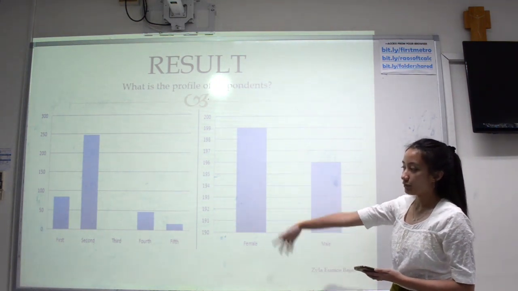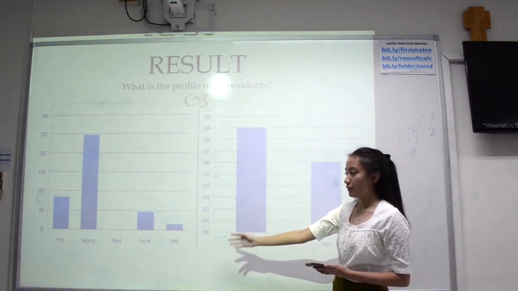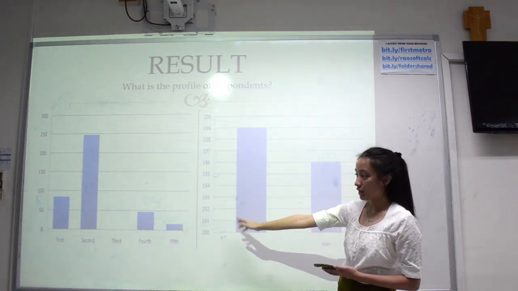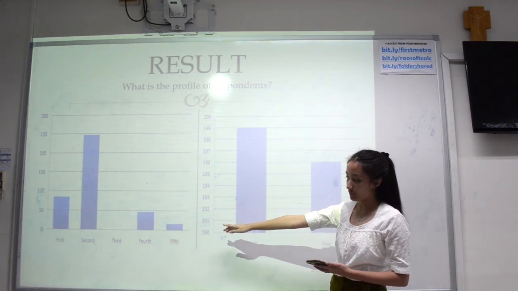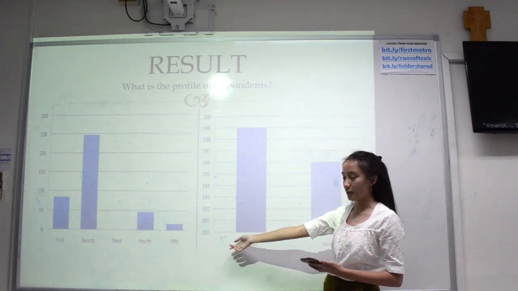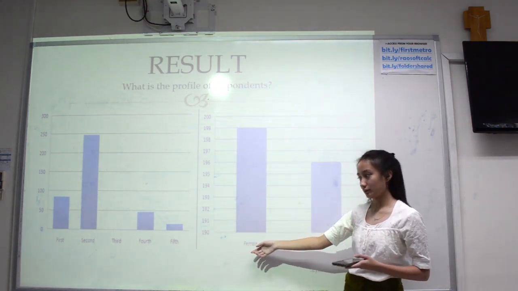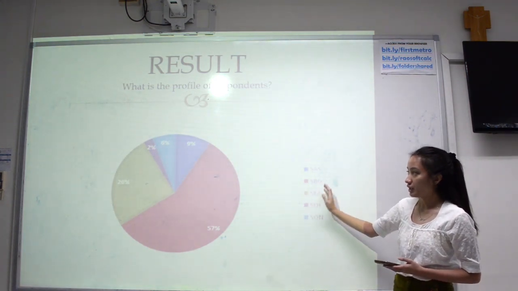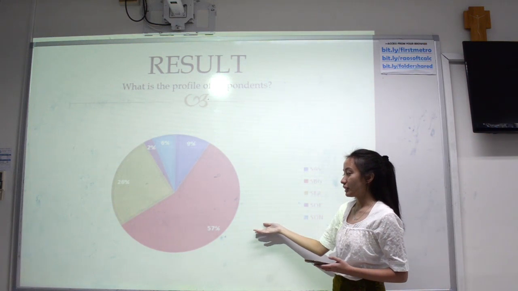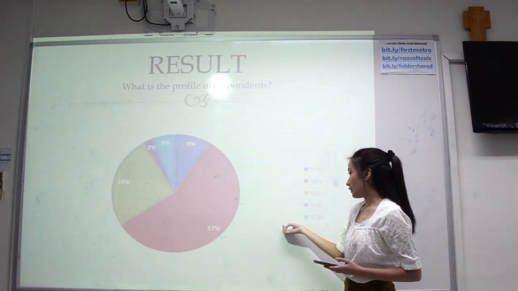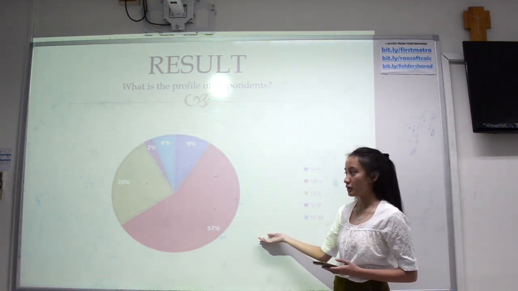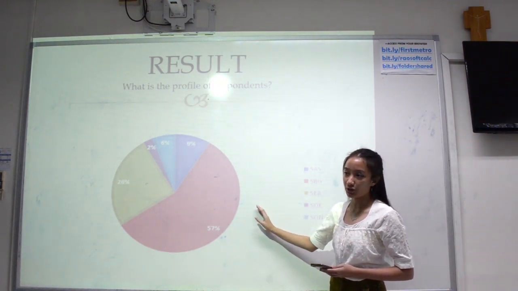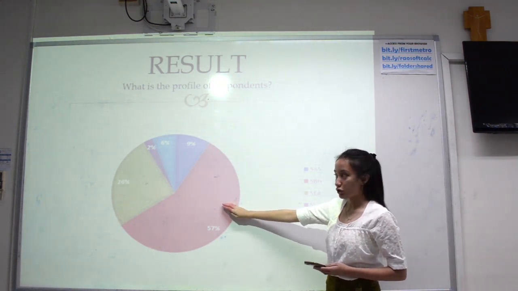For the year level, most of our respondents were second year students. Second is the first year students, third is the fourth year students, and lastly the fifth year students. This graph shows how many students from the divisions use laptop computers. Mostly, the students who use laptop computers are from the SBG division.